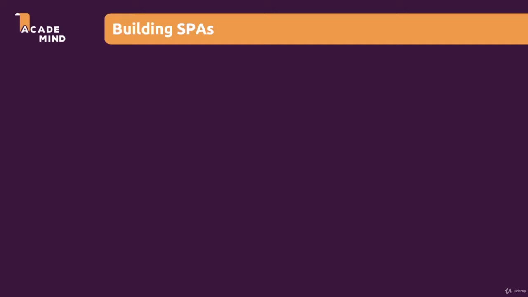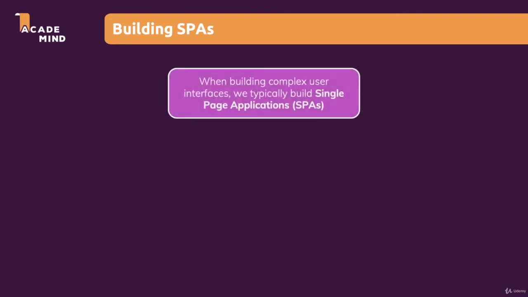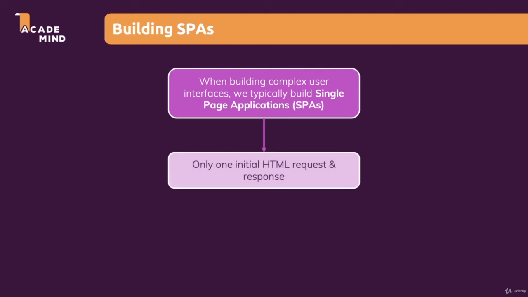We still want to build a single page application instead, and now the good news is that we can do that. We can continue building a single page application, and we therefore only have one HTML page, which is initially loaded when a user first visits our website, and then thereafter we have JavaScript take over.